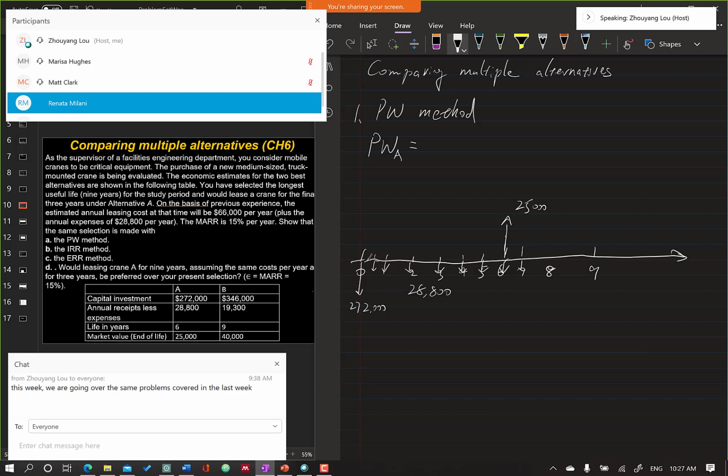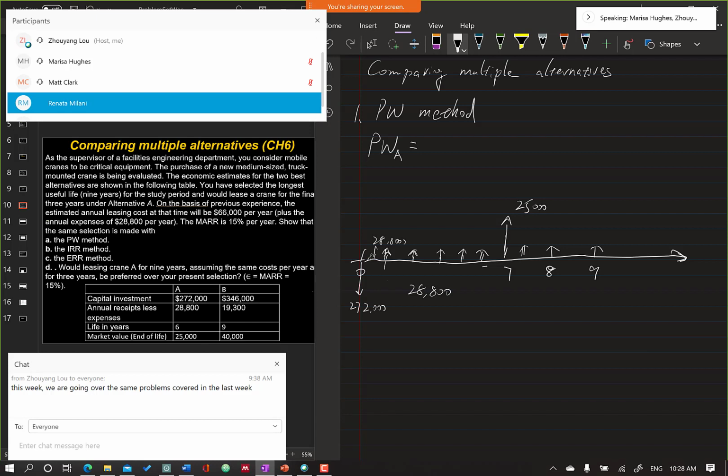Anyhow, let me just reuse this, since that's the benefit part. And then it seems with the leasing being 66,000 per year after the 6 years, that would be the 28,800 subtracted from 66,000 as opposed to being plus.